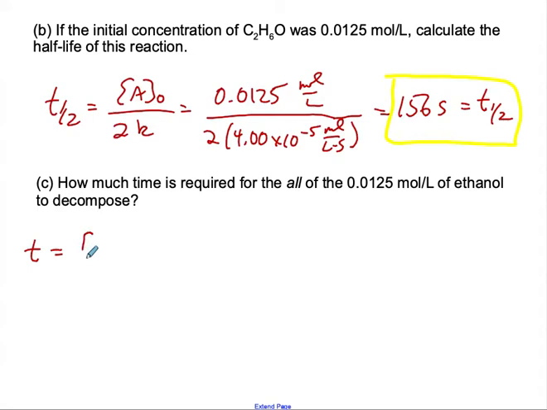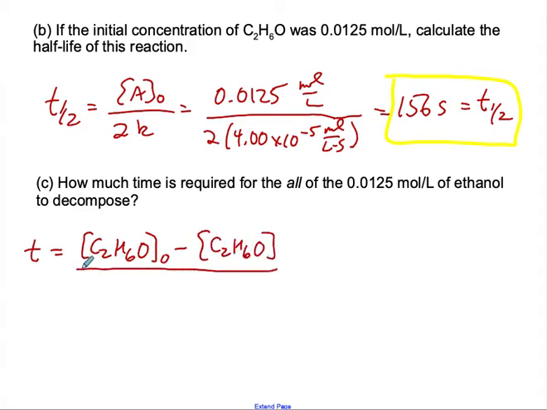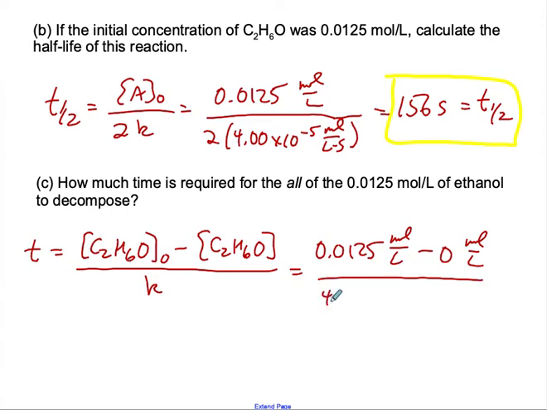The harder way is to rearrange the integrated rate law to isolate time, and plug in my initial concentration, 0.0125 mole per liter, minus 0 moles per liter, over the rate constant of 4.00 times 10 to the negative fifth mole per liter per second. And that gives us a time that is equal to 312 seconds.